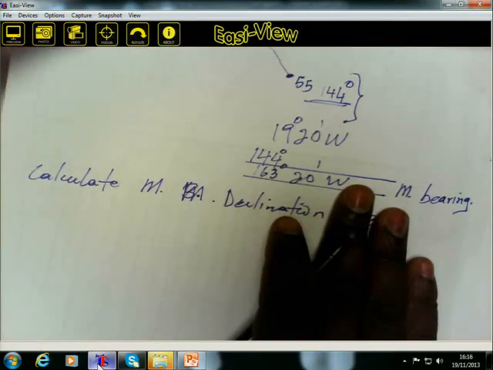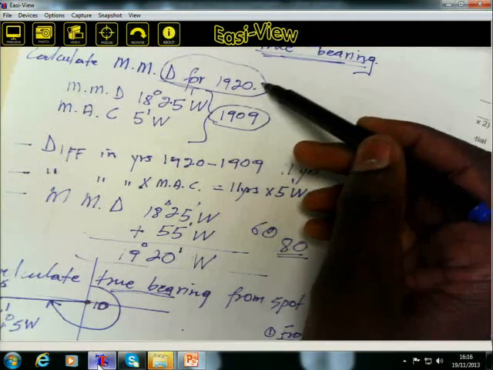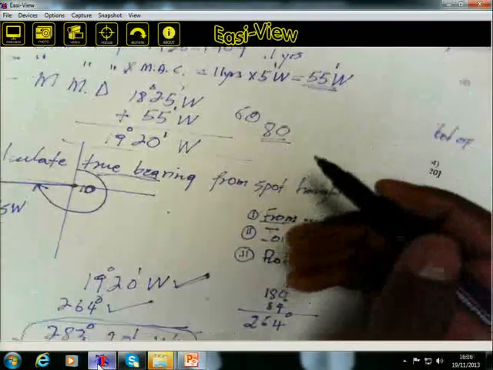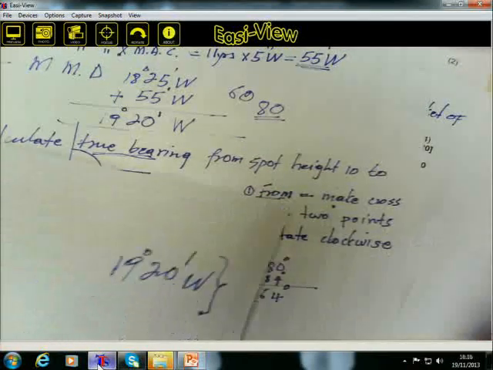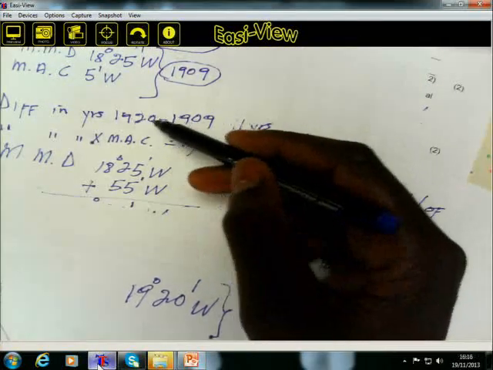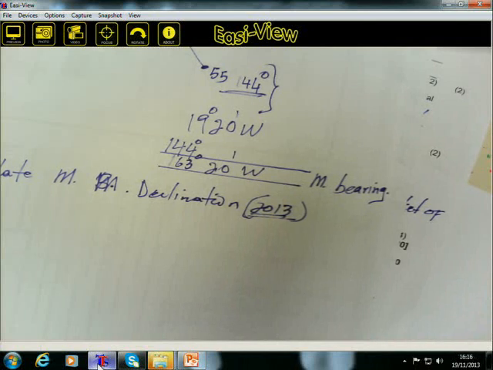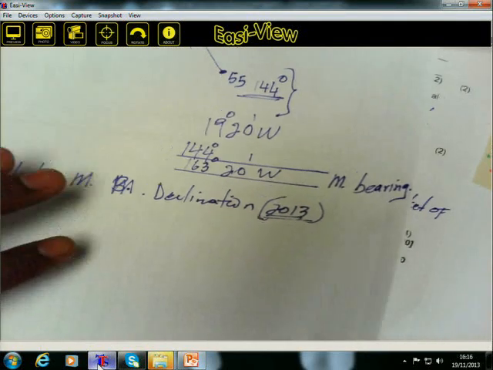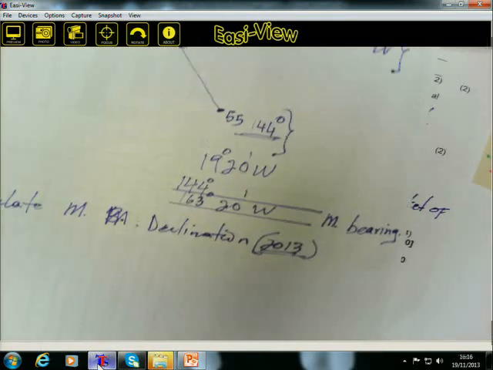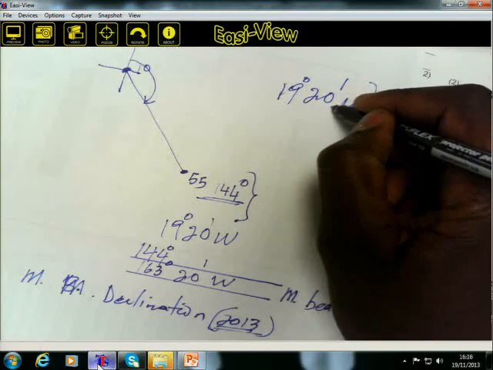But if they've given you a year, like in this instance 1920, or a year like 2010 or 2011, then you use that year to subtract your difference in years. But if you are not given any year, you must know that we use the current year. And I hope that one is much clearer.